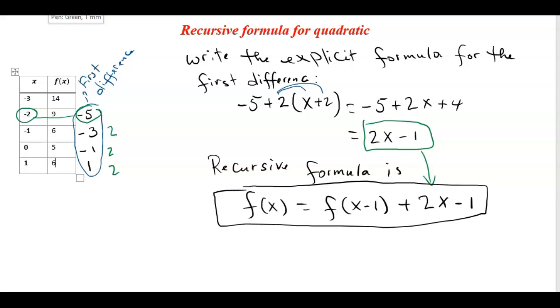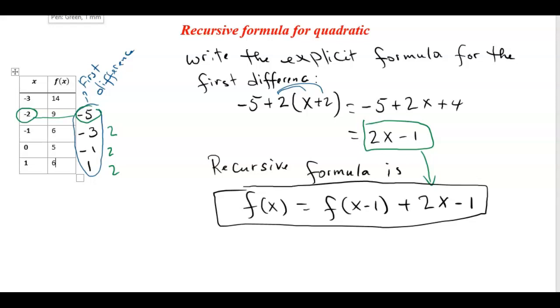So again, this video was about writing the recursive formula for a quadratic. The first thing you do is make sure that any given table represents a quadratic function. The way you do that is by checking the first difference. The first difference is going to be linear. It's not going to be constant, because the rate of change is going to change.